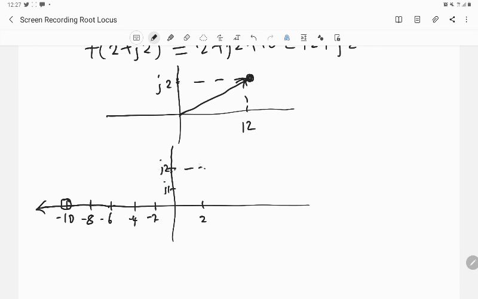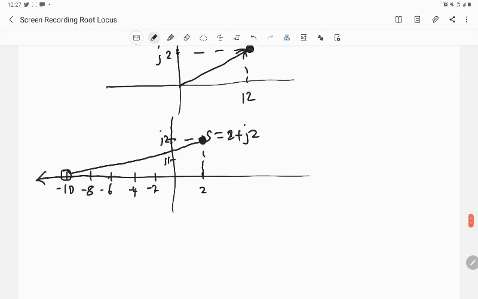So let me locate the point s, 2 plus j2, and I'm going to draw a vector from here to that point.